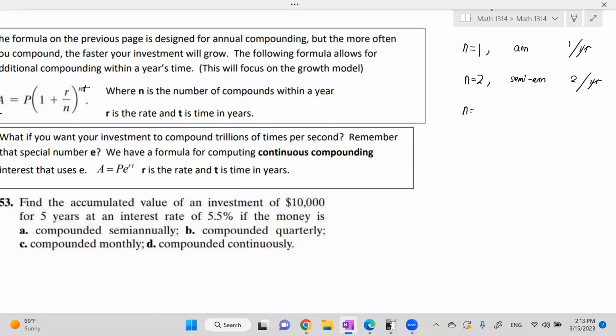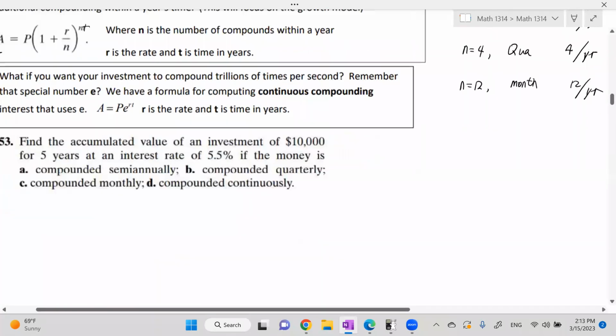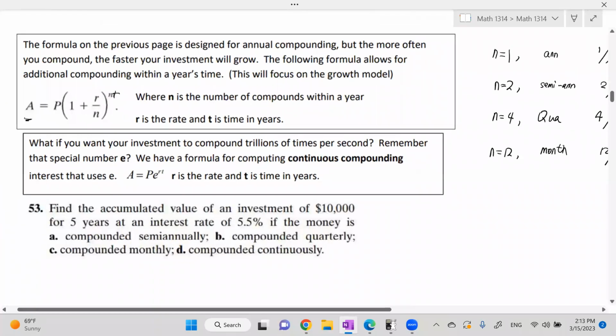If N equals 4, we compound quarterly, 4 times a year. If N equals 12, we compound monthly, 12 times a year. So we are using this formula to find the future value.